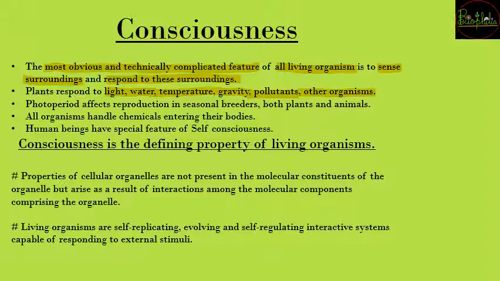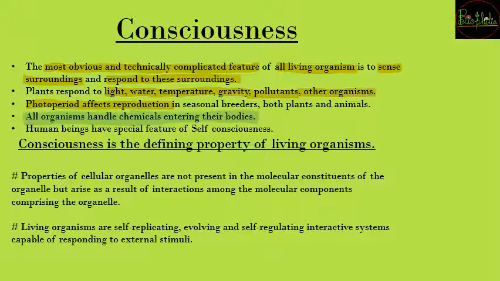अब photo period कैसे reproduction को affect करता है? In the case of seasonal breeders that can be present in plants as well as in animals. Now a very important statement that comes over here, that is all organisms handle chemicals entering their bodies. Now the question comes: they may ask whether this statement can fit into consciousness.